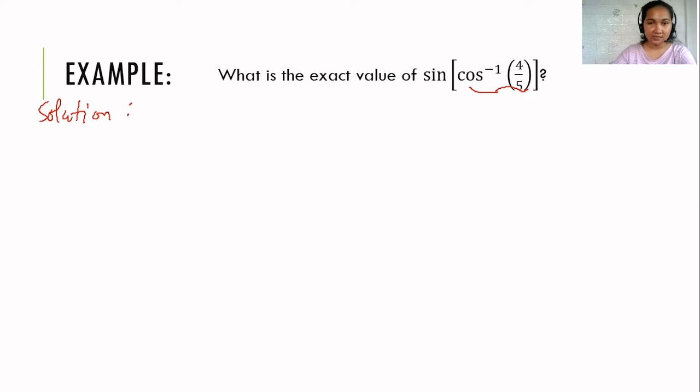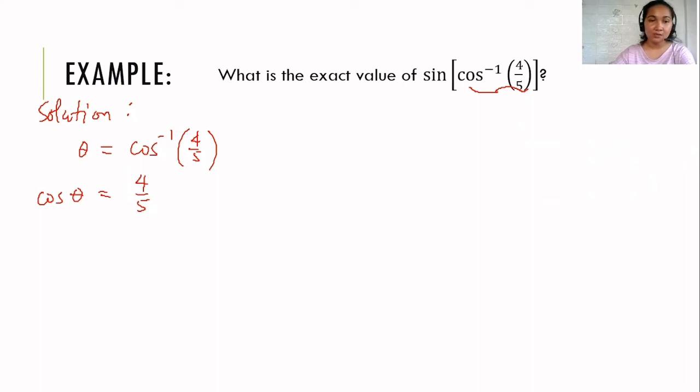If we represent this angle as theta, inverse cosine of 4/5 means cosine theta is equal to 4/5, and we are looking for sine theta. Take note that theta is the same as y. Both of them are just variables or symbols.